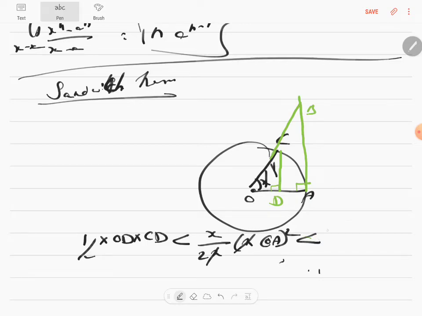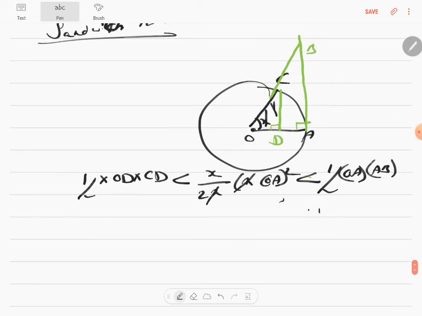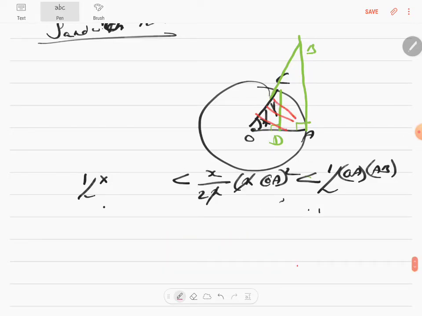What is the area of the bigger triangle? Half into OA into base into height, where height is AB. So you get an equation like this. Okay, now you know what this is. This is the area of the small triangle, which is half into the base. The small triangle is not this whole triangle.